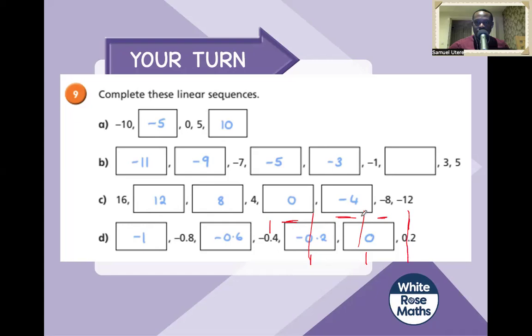So imagine that these were intervals. We're trying to find the numbers that we'll put on the number line.